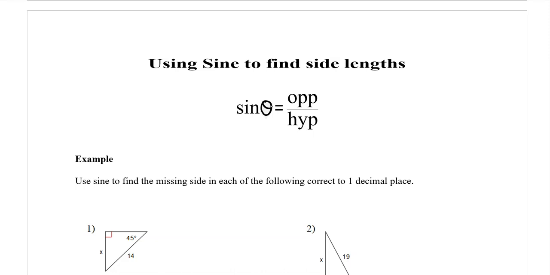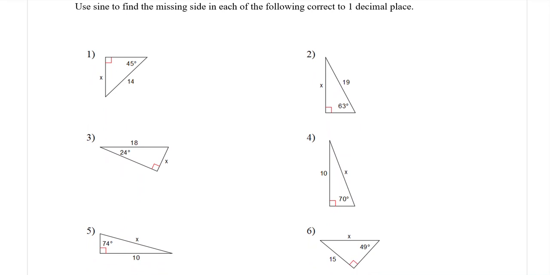Okay, so what I want you to do as soon as you see a question is label the sides that you have. So from my right angle, straight across, there is my hypotenuse. From the 45 degrees, there's my angle, right? 45 degrees is the angle. Across from that is the x, which is the opposite.